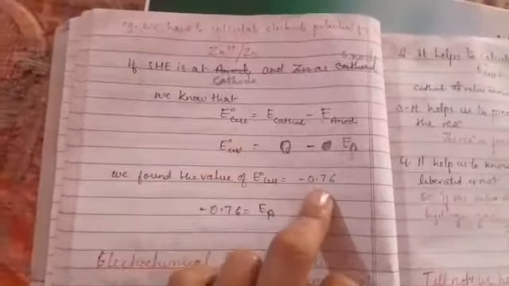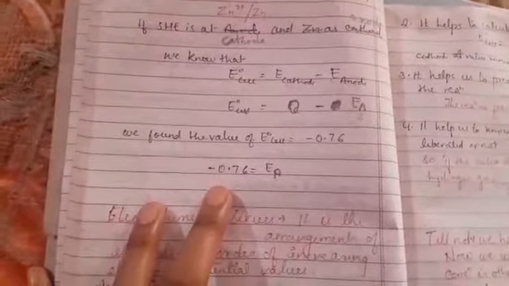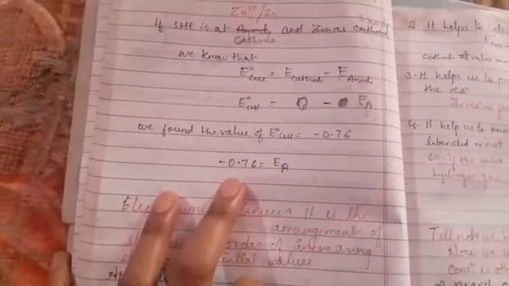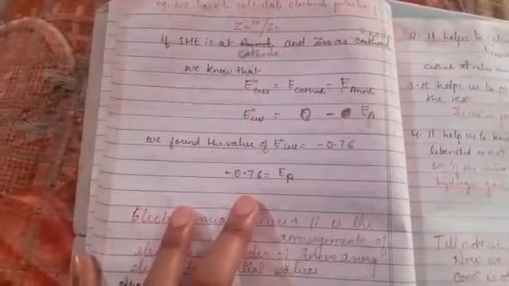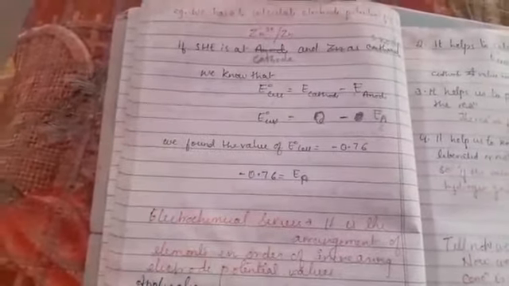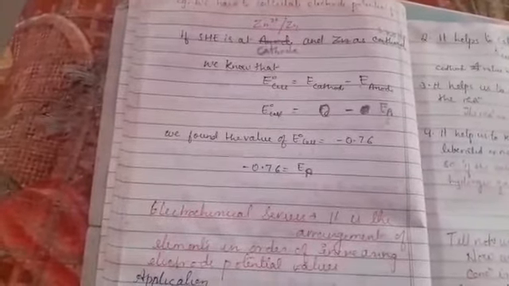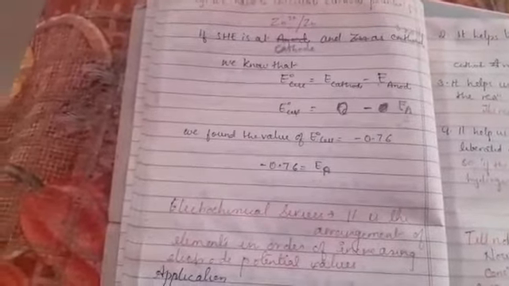By solving this you get E naught cell equal to minus 0.76, which is the electrode potential of zinc. In this way you can calculate the electrode potential of any metal with the help of the hydrogen electrode at standard temperature and pressure.